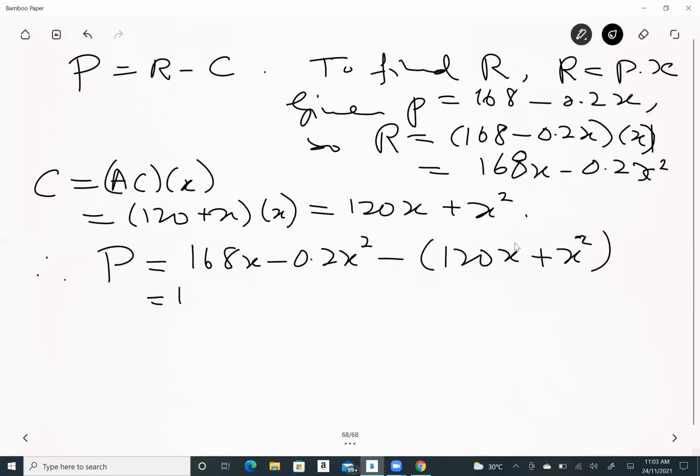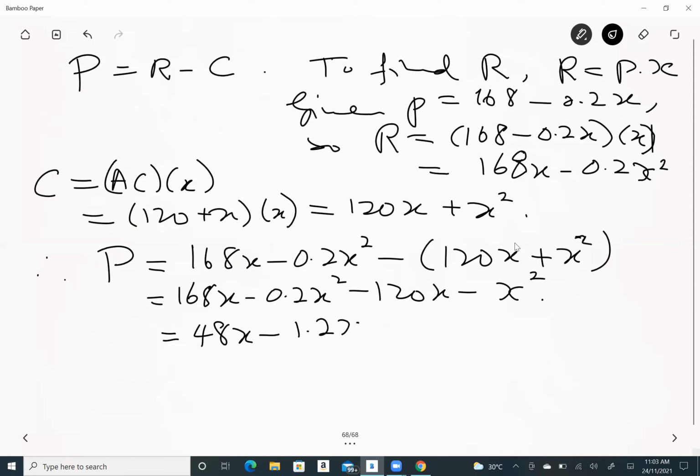You've got 168x minus 0.2x squared minus 120x minus x squared. Then you do the simplification. What do I get? 168 minus 120 is 48, so 48x. And this one is negative 1.2x squared.